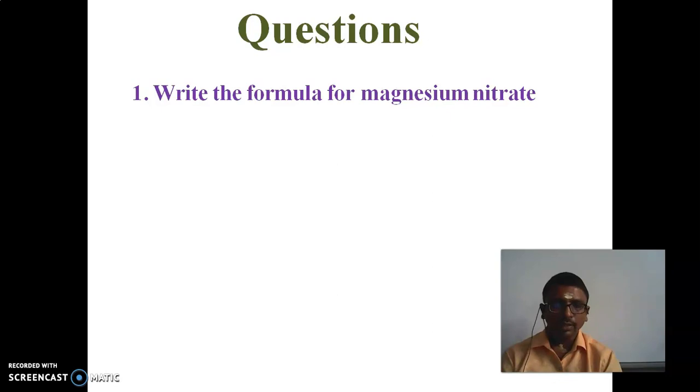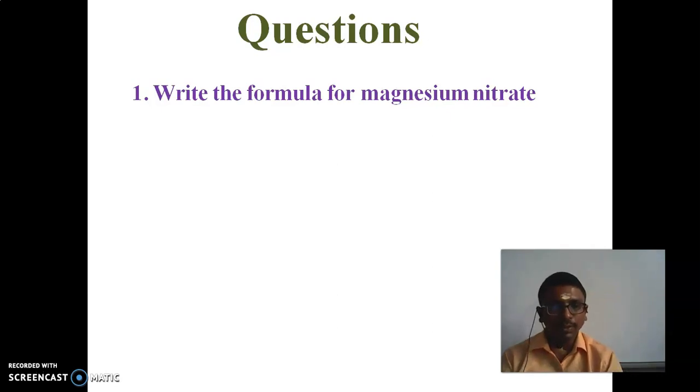Here in magnesium nitrate, which is the cation and which is the anion, children? Magnesium is the cation and nitrate is the anion.